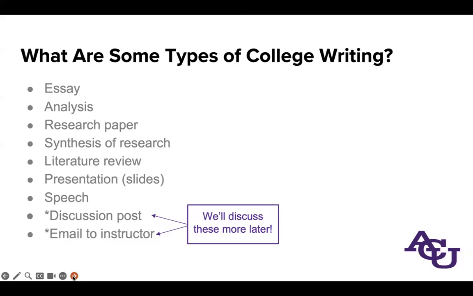You may need to do a literature review on a topic where you're looking at all sorts of different topics that relate to it. You might need to do a presentation in the form of PowerPoint slides or slides from another program. You might need to give a speech. And since we are in an online learning environment, you will probably be doing a lot of discussion posts and emails to instructors. So we'll discuss those last 2 a little more later.